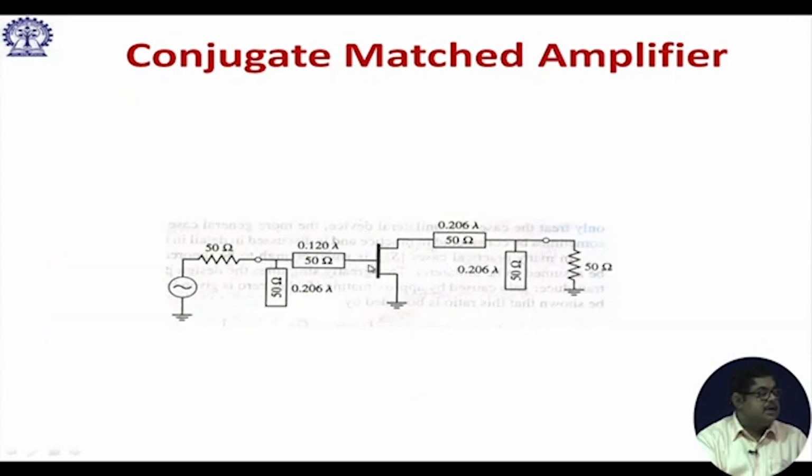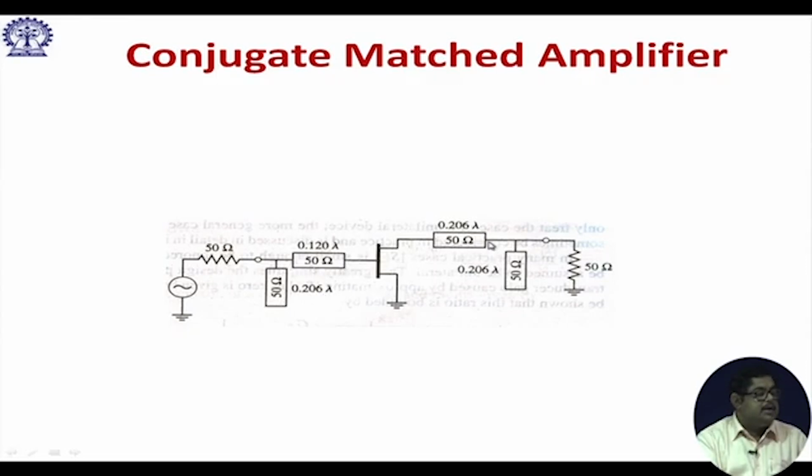On the source side, I have assumed that all the transmission lines and stubs have an impedance level of 50 ohm, the same as the characteristic impedance of the transistor. So I have a 0.12 lambda line length, and then a 50 ohm stub.